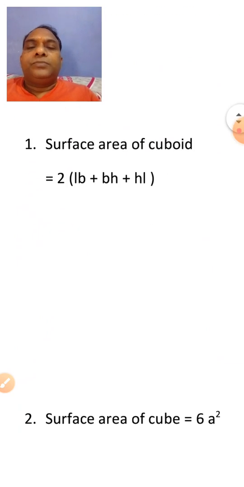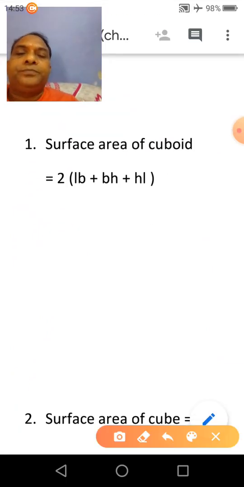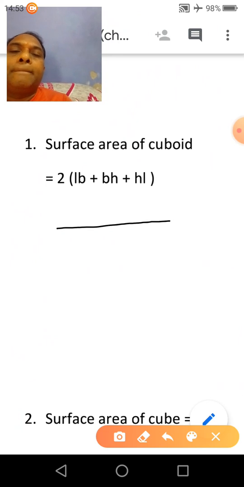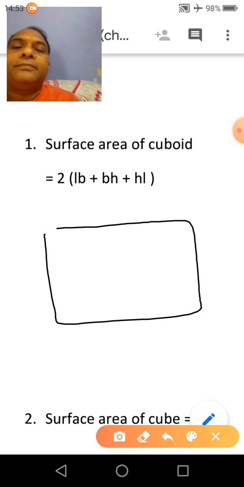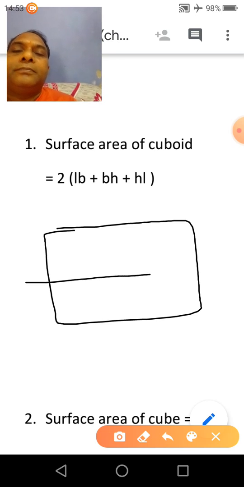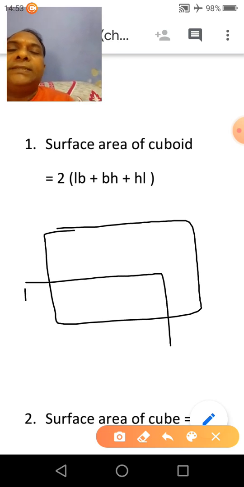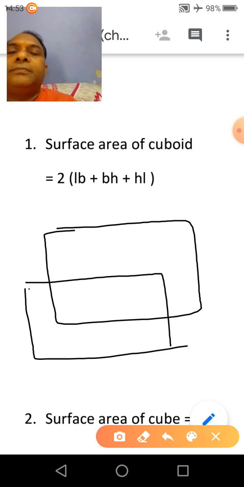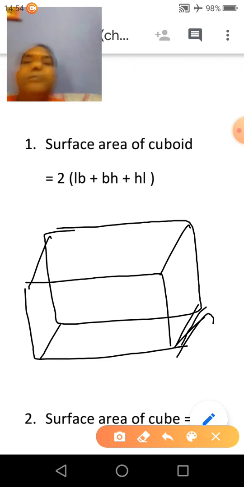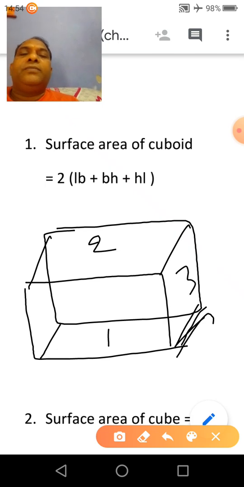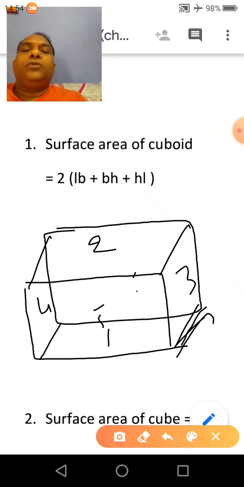So now, cuboid. Cuboid is a three-dimensional figure having 6 faces. First face, second face, third face, fourth face, fifth face, and just opposite to it sixth face.